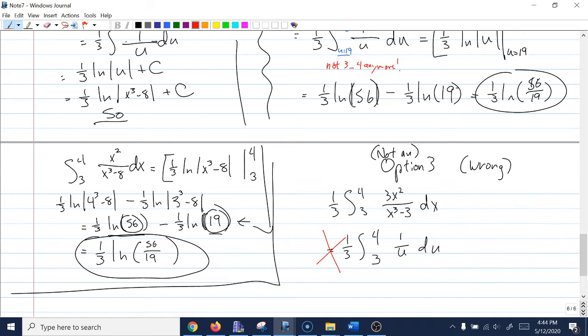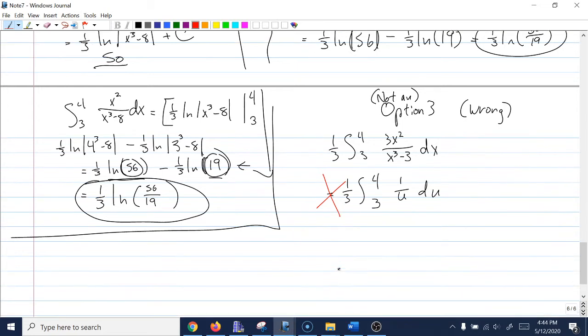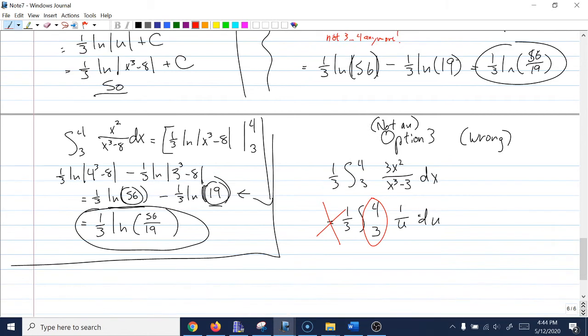This type of problem is maybe the reason that some teachers really hate you writing an integral where the x's and u's are mixed, because if I have a bound of integration of 3 to 4 here, and there were x's and u's all mixed up in here, it's not clear whether you mean those to be x values or u values.